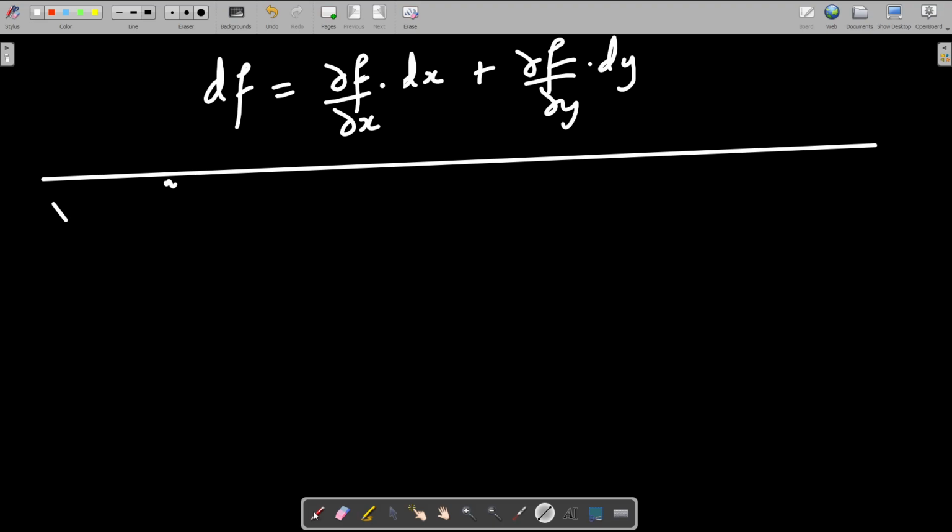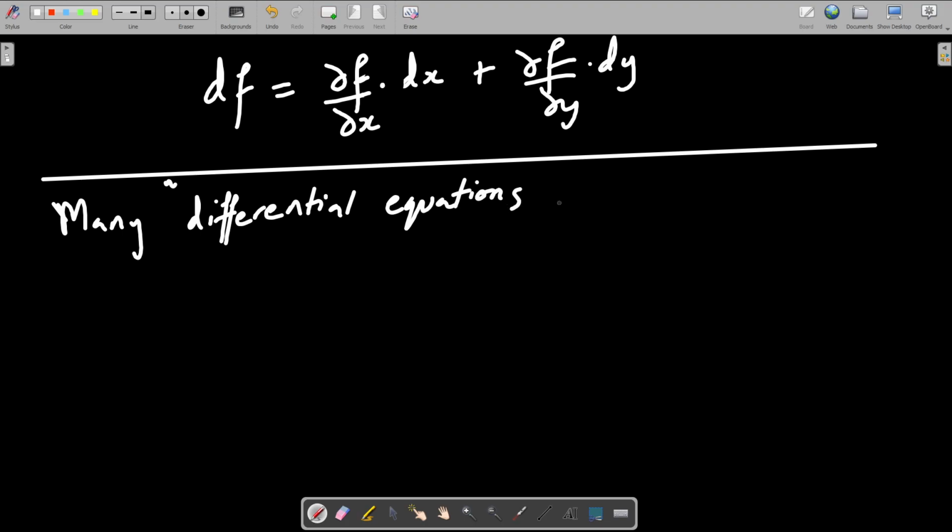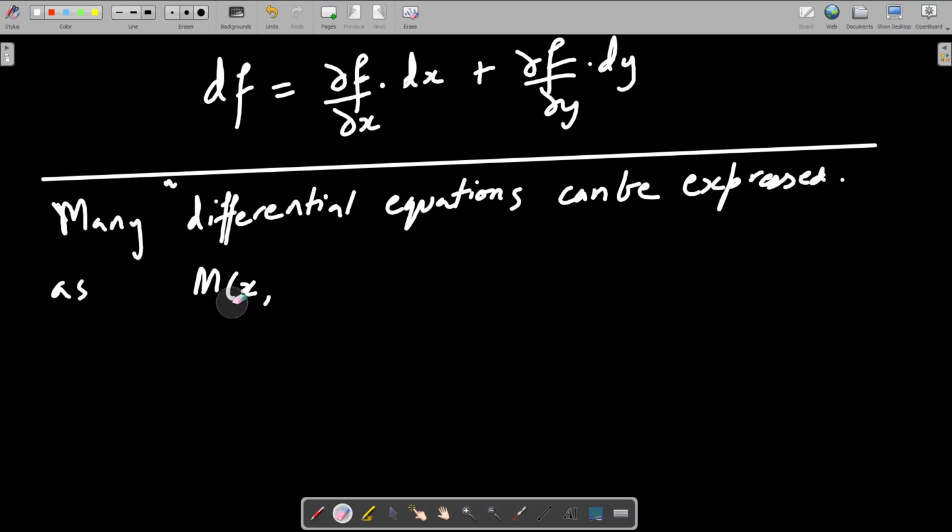So many differential equations can be expressed as M dx plus N dy equals 0.